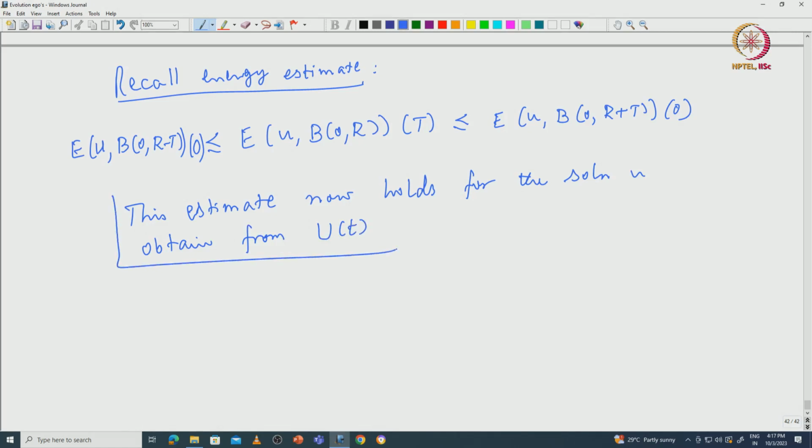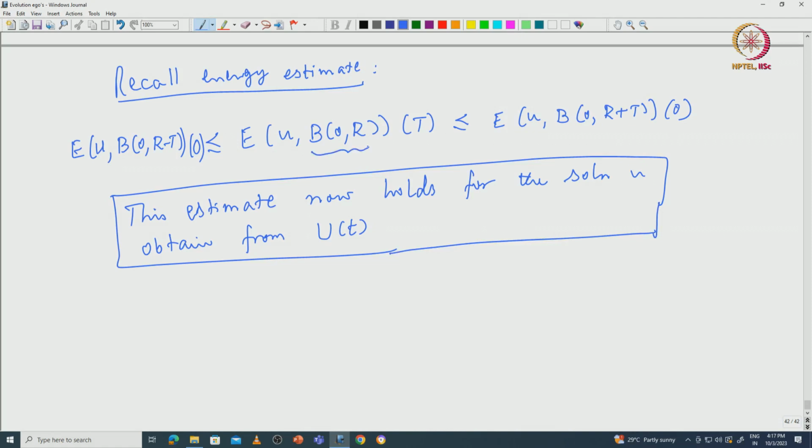Anyhow, conservation of energy is already there, but even this estimate, this is local, right? You are only getting the energy in a local ball. So, even this estimate holds for that solution.